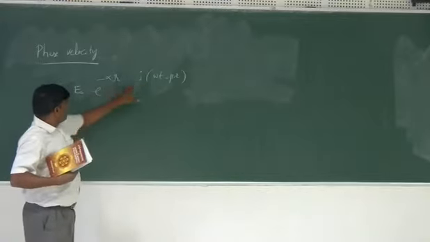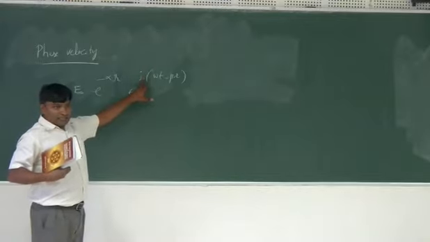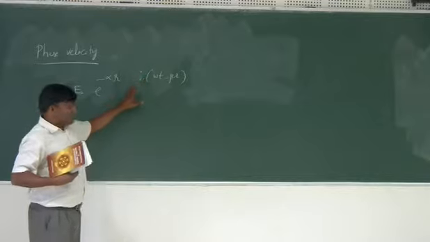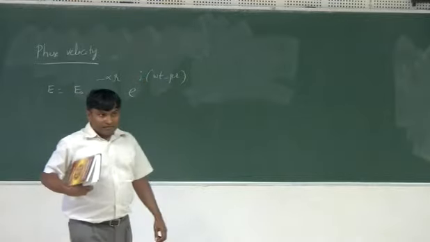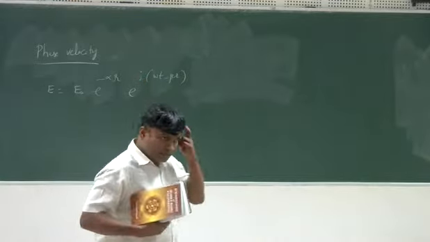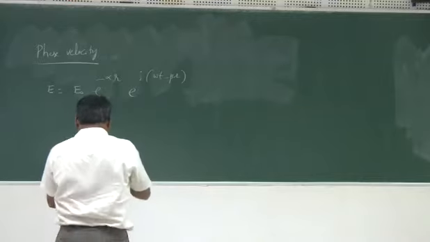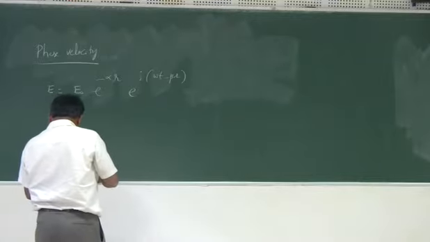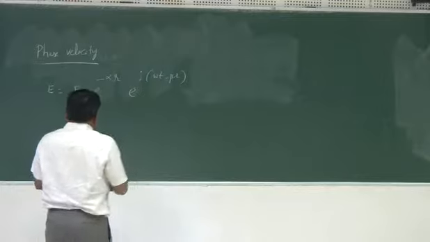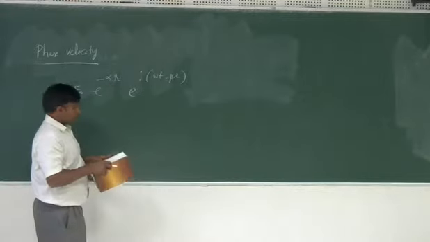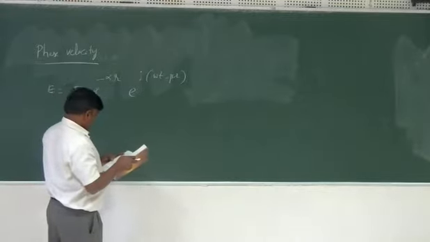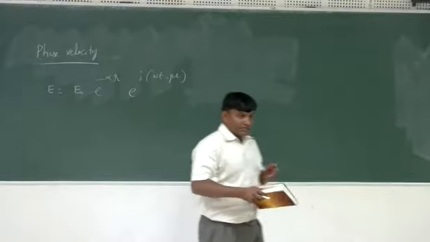When we talk about this electric field, we omitted e to the power j omega t in the previous lecture, but I'm introducing it now. Omega is the angular frequency, alpha is the attenuation constant, and beta is the phase constant.